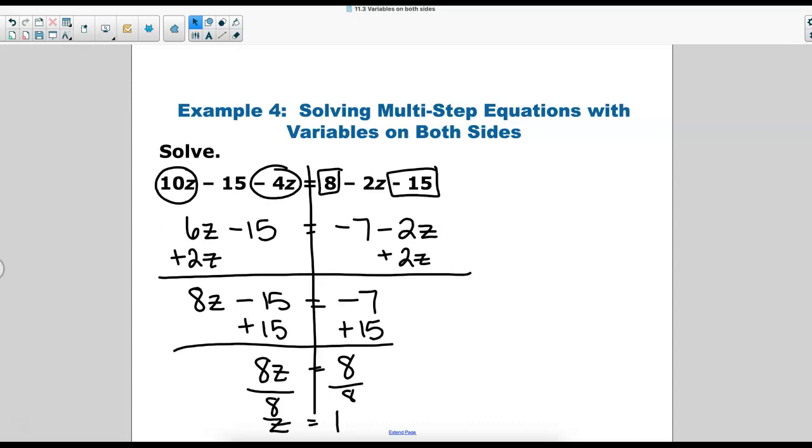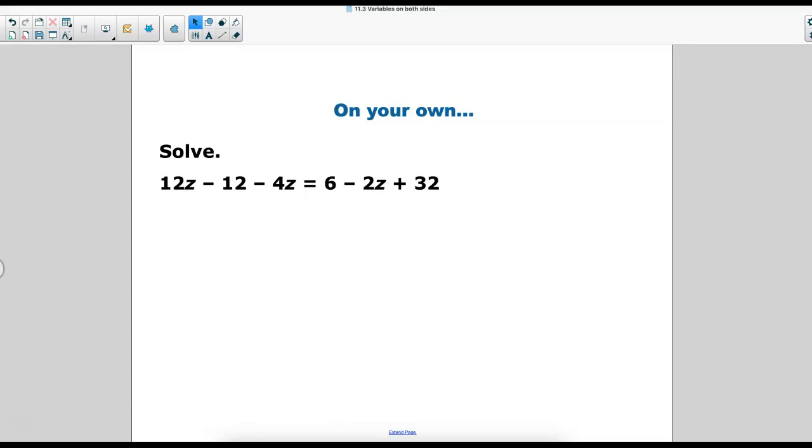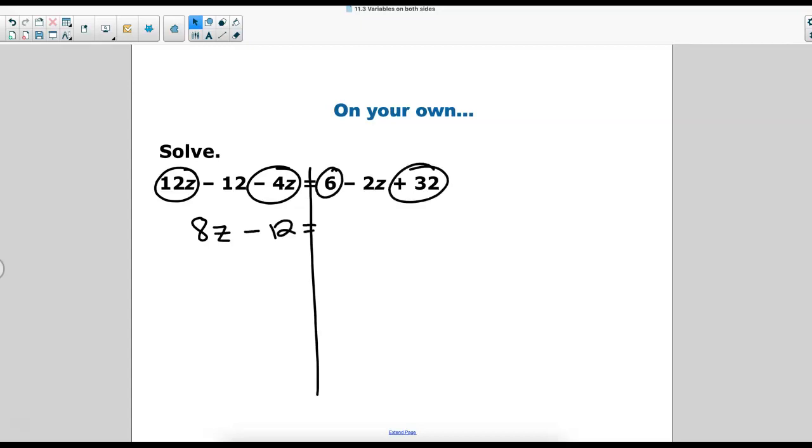Done. Okay? We've got one more problem to do. What should I do first? Simplify. 12z minus 4z is 8z minus 12. On the other side, 6 plus 32, 38 minus 2z.